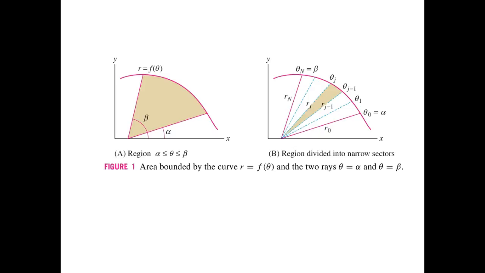So this r as a function of theta is this curve right here. We're interested in determining the area in this region under that curve. Now, I don't know why they set it up the way they did, but it's perfectly fine to do so.